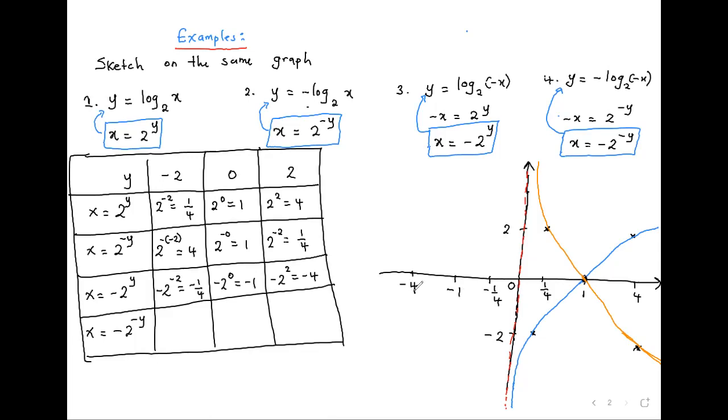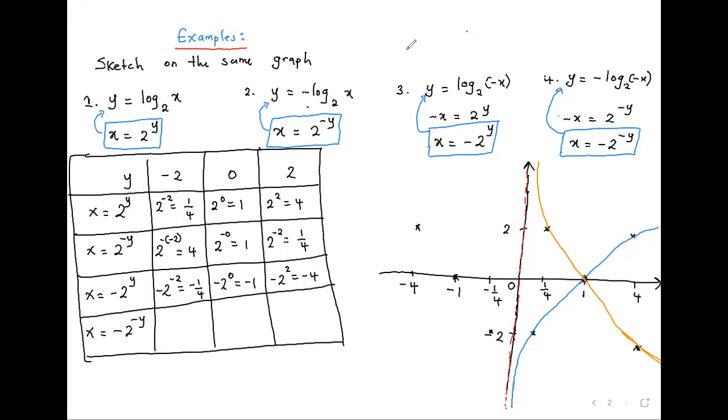So -2, -1/4, the point here. 0, -1, the point there. 2, -4, the point there. And then we sketch.